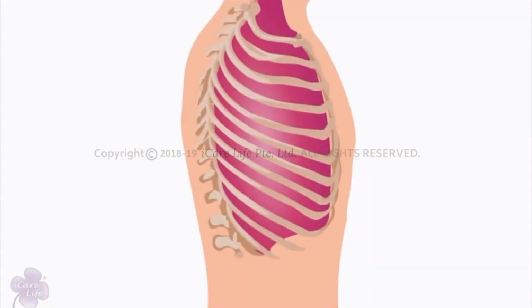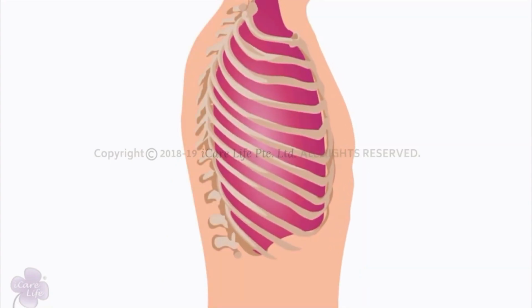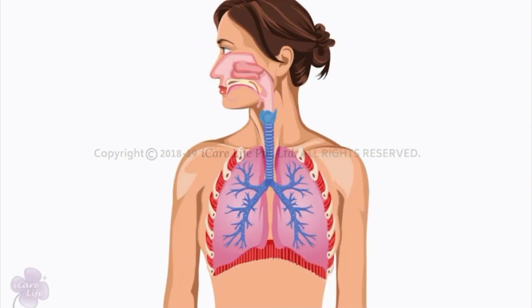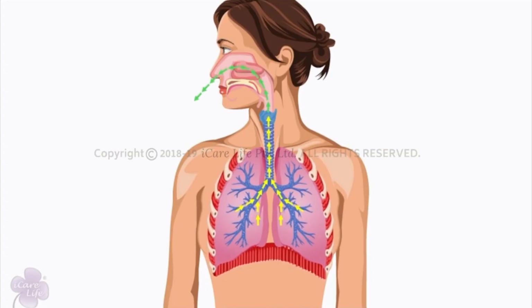At the same time, the rib cage relaxes and the ribs move to their original position. The carbon dioxide expelled from the lungs passes through the bronchi, trachea, larynx, and pharynx and is finally thrown out from the nostrils.